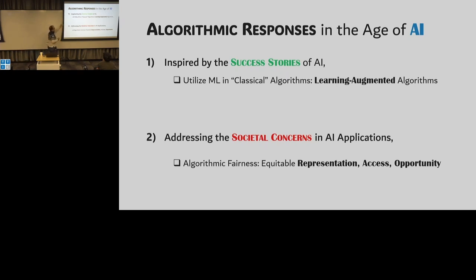This is what I call learning-augmented algorithms, which I have worked on in the past few years. The other direction is that although AI approaches are very powerful and successful, they have also raised many ethical and societal concerns. The question is how we can design algorithms that treat individuals more fairly. It would be problem dependent.